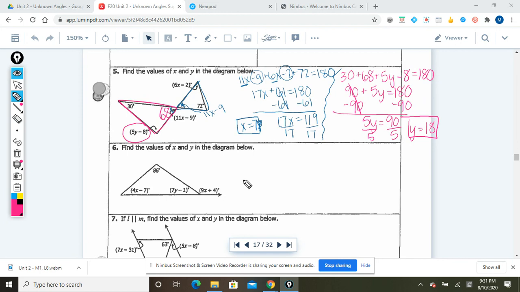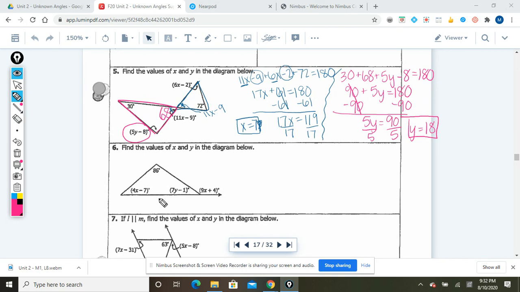Okay, if we look at number 6, we know everybody in this triangle adds up to 180. We know these two add up to 180. The problem is, if we're doing everybody in the triangle, we have some x's and y's. If we're doing everybody on this line, we have some x's and y's. So what we need to do is figure out what's an equation we can write that'll involve only x's or only y's.